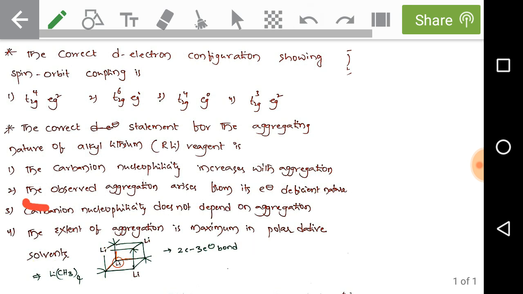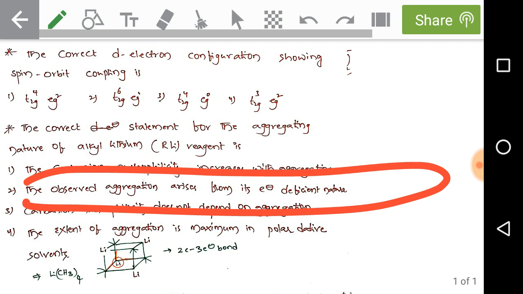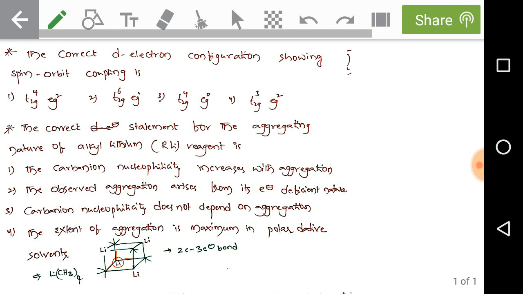So the second statement, the observed aggregation arises from its electron deficient nature. Okay, so we can observe alkyl lithium just like this in a cube structure where lithium makes a bond like a 2-centered 3-electron bond due to electron deficient nature. Okay, so that's why here the second option is the correct answer.